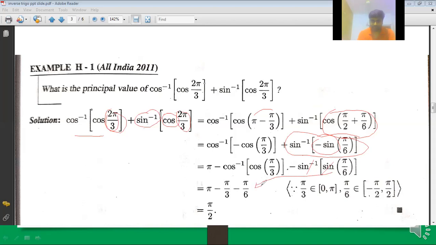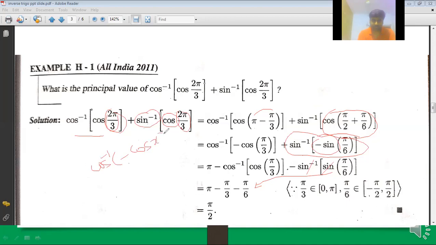But remember this property: cos inverse of minus cos x is pi minus, we should write. That is a property. We'll discuss in the next slide.